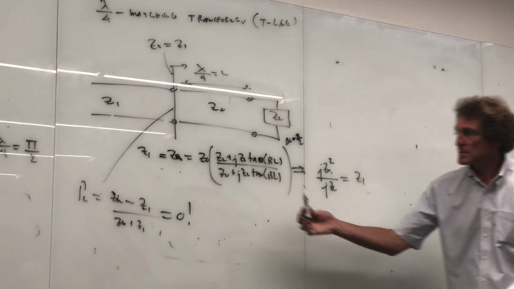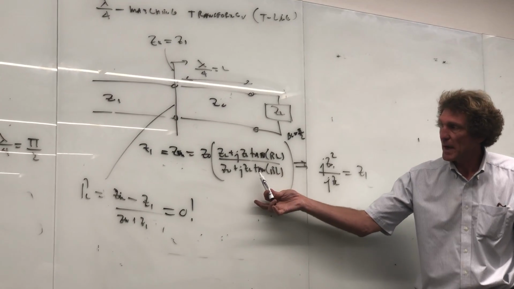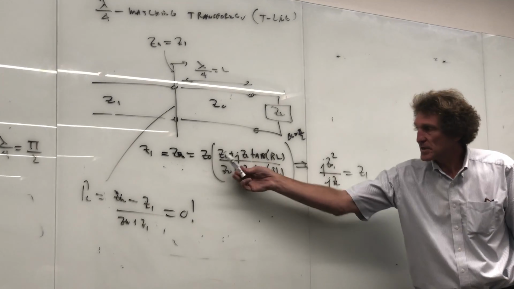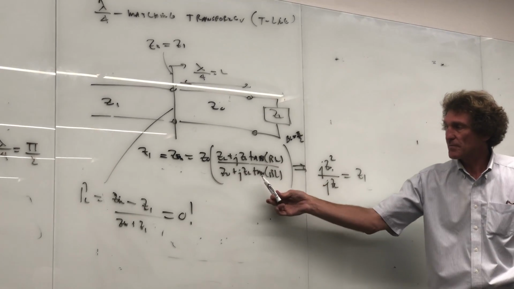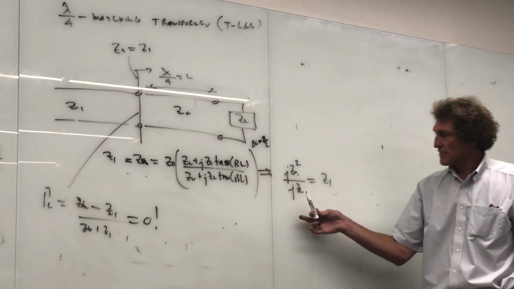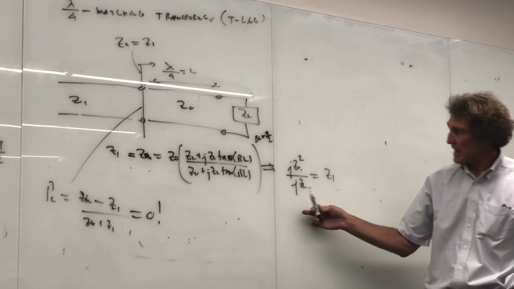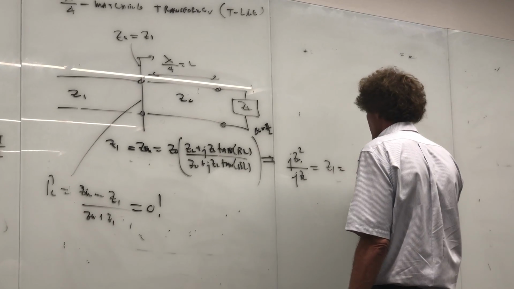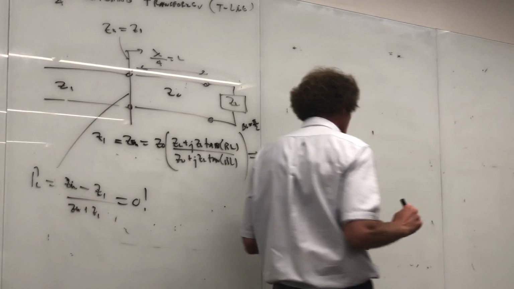Y'all see that what happens is only these two terms remain important. These two terms become insignificant. So we have j Z0 squared, the tangent's going towards infinity. This tangent will cancel that one because they're both racing towards infinity, divided by ZL. You can see the j's cancel. So I have Z0 squared over ZL equal to Z1.